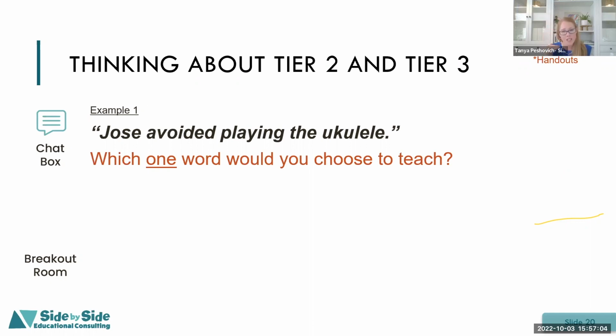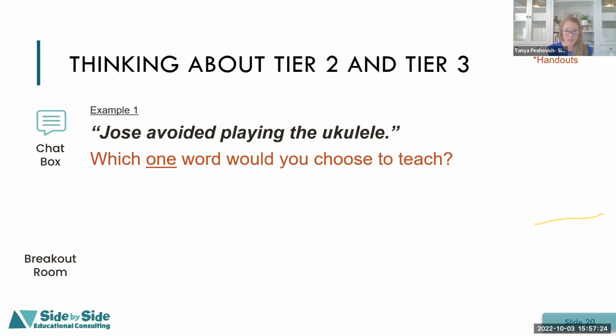I don't have to teach it to a level 4. In fact, the last time I heard the word ukulele was when I did this training previously. So we're not exposed to that word. It's one of those tier 3 words, unless I am teaching musical instruments or the study of music. I'm probably not going to spend a lot of time on that word.